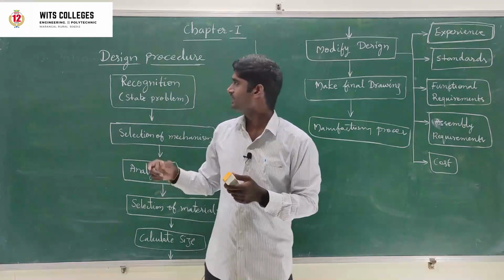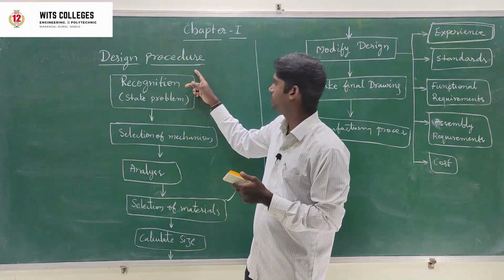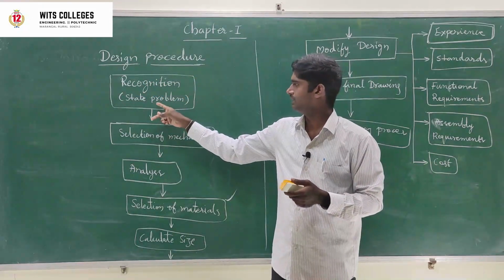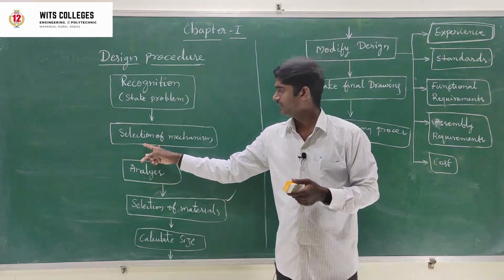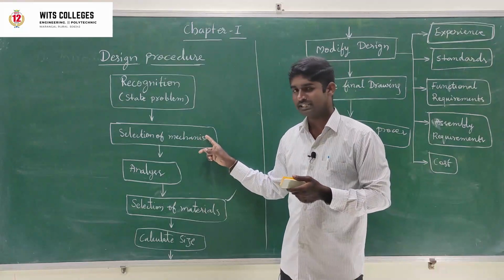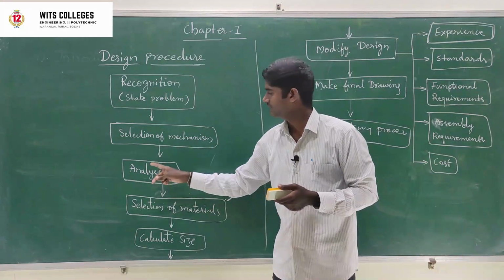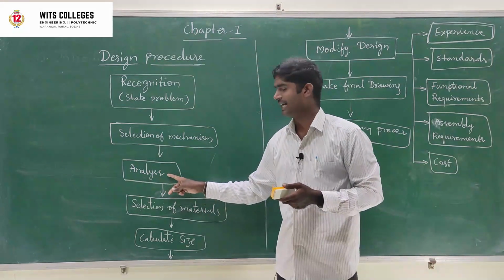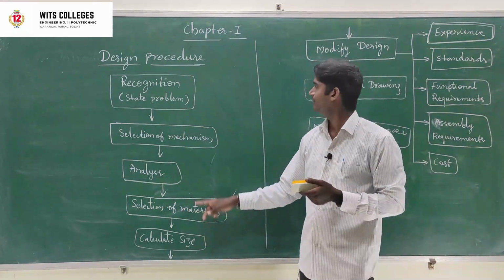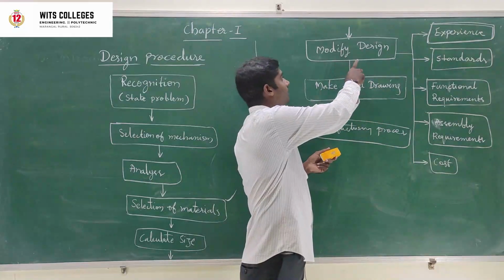First of all, see the basic design procedure. In this one, recognition of problem, that is called stating the problem. Next, selection of mechanism. Next, analysis. Next, selection of materials, calculate size. Next, go for the modified design.